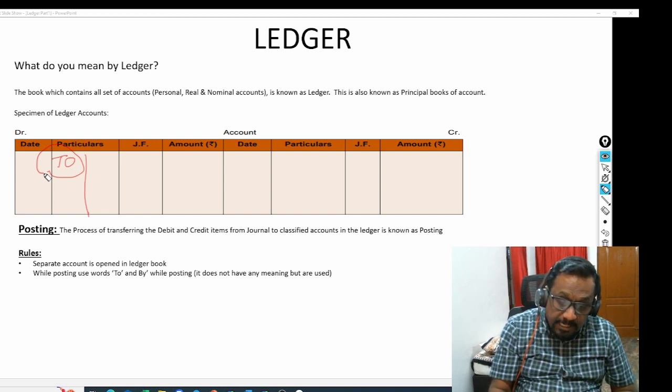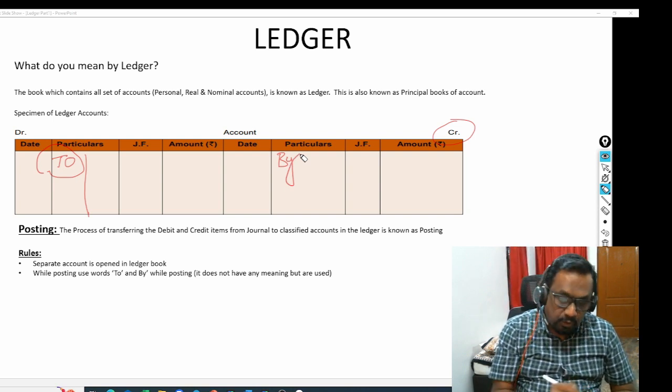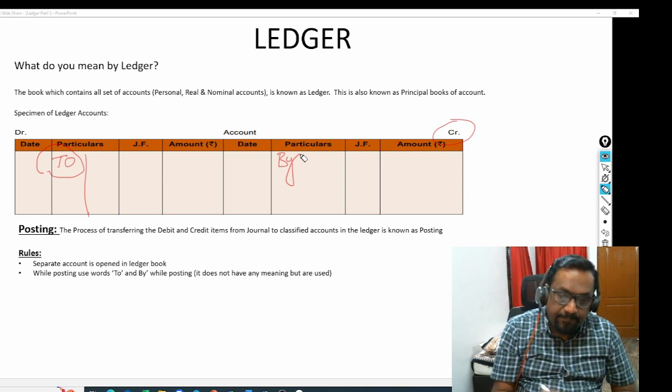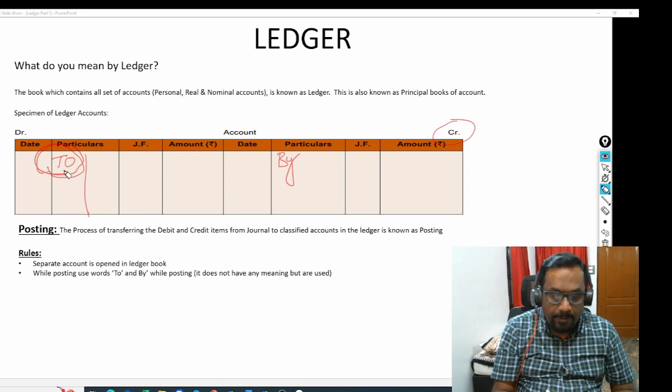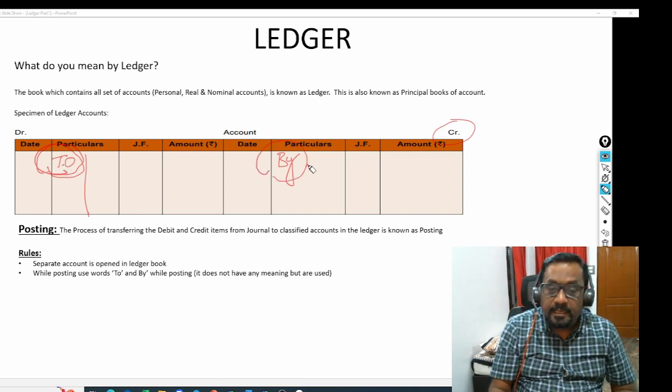When I am posting any transaction in the credit side, I use "by". So please remember this. I have to use "to" if I am posting in the debit side, and "by" if I am posting in the credit side.